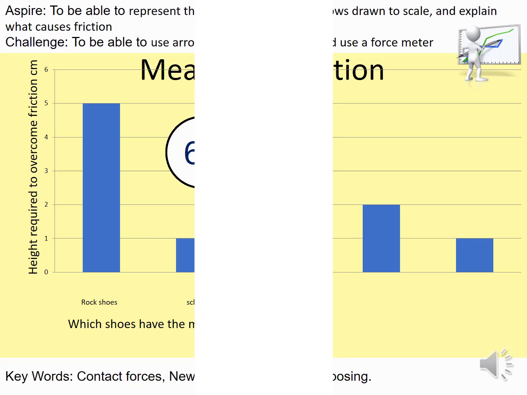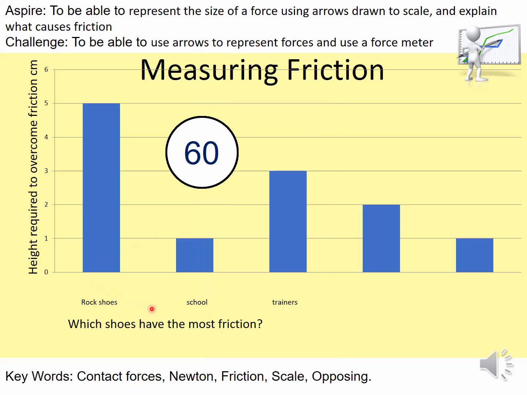Now, looking at my results, I can say that the shoe that has the most friction, I wonder if you can get there ahead of me, the shoe with the most friction is the Rock shoe, which is a very sticky shoe. It's got a continuous surface on it, a bit like the surface of a table tennis bat on the bottom.